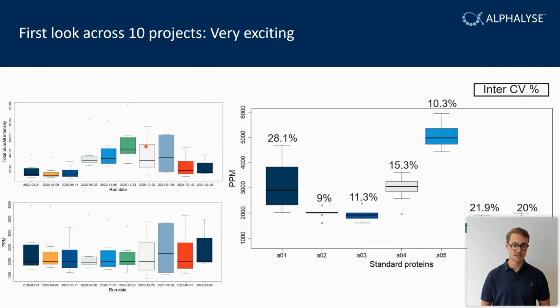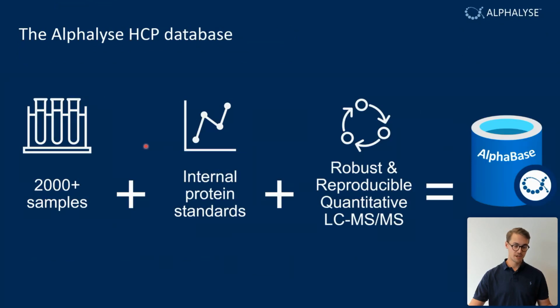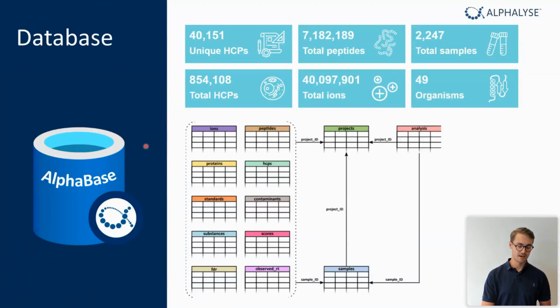From this, we set out to put together a full-scale database using all of ELISA's data. So what do you get if you combine 2,000 plus samples, the 7 internal protein standards, and a robust and reproducible quantitative LC-MS assay? Then you get AlphaBase. AlphaBase is a SQL database which consists of all of this HCP data we have collected at AlphaLyse.